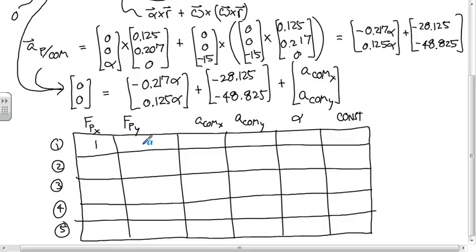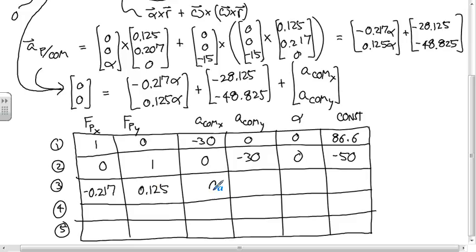And you get 1, 0, negative 30, 0, 0, 86.6, and then 0, 1, 0, negative 30, 0, negative 50, then negative 0.217, positive 0.125, 0, 0, negative 2.6, 25.